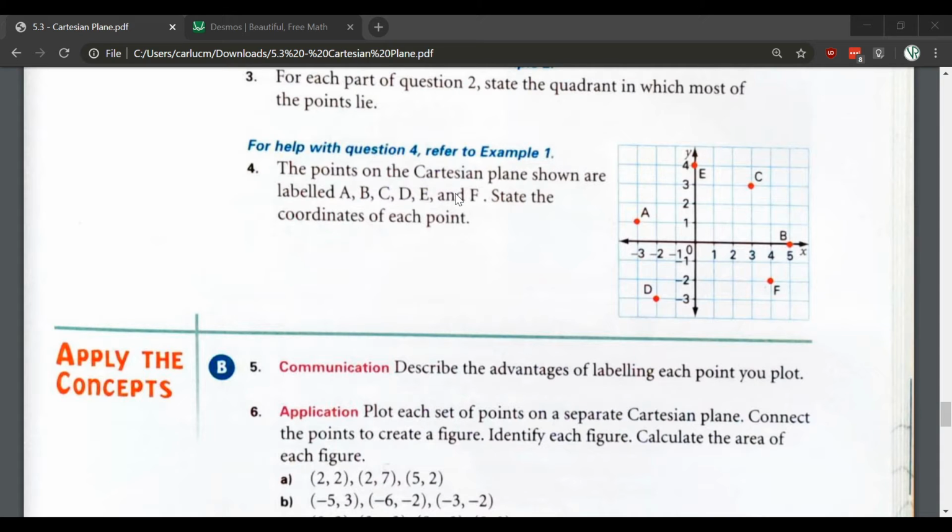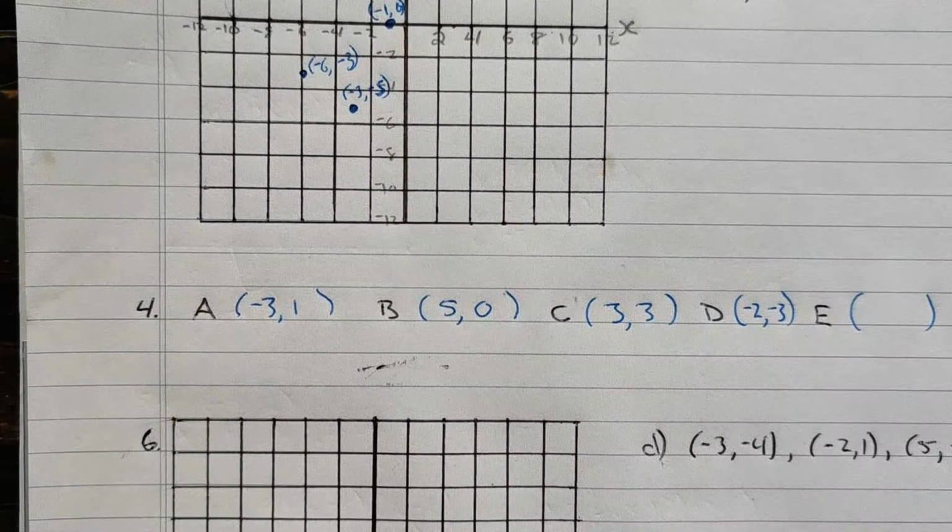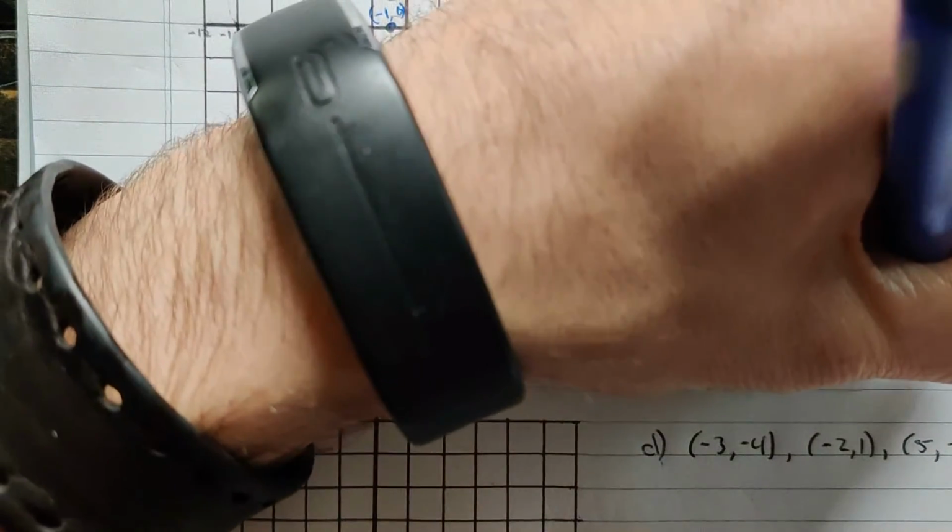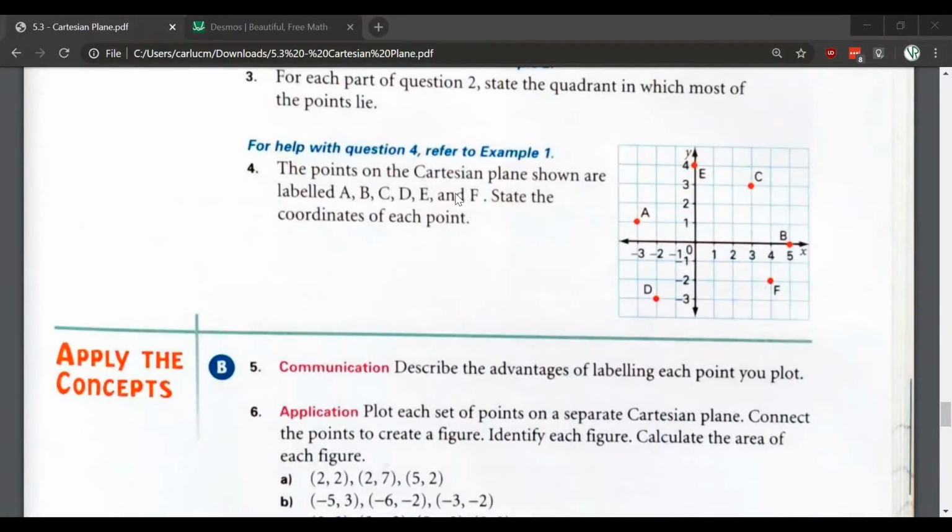So -2 and then -3 on the y-axis. So -2, -3 is the ordered pair. And then the next one here is E. E is all the way up at 4 near the top there, but it's 0 on the x-axis and 4 on the y-axis. So the value is 0 and 4.